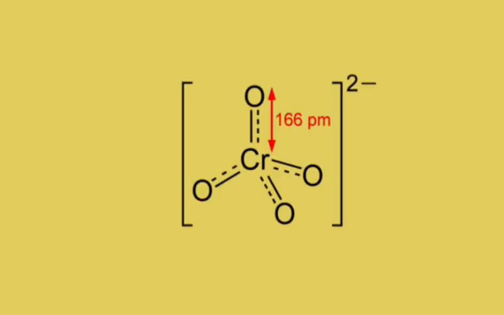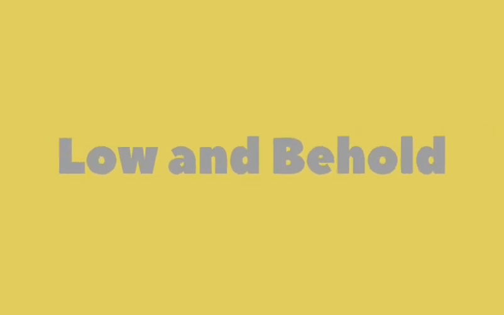Ordinarily, a chromium to oxygen single bond is 1.79 angstrom, and a chromium to oxygen double bond is 1.60 angstrom. The chromium to oxygen bond lengths in chromate are in between those. They are all 1.65 angstrom.